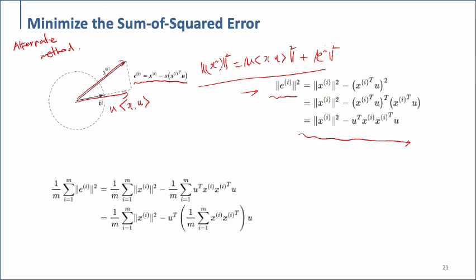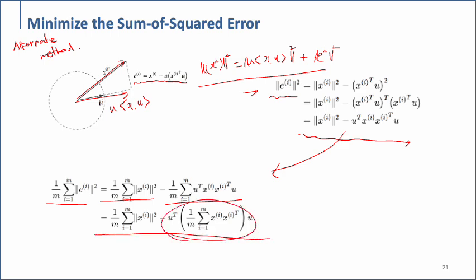And by calculating the mean of this error over all the m data, this can be written like this. And when you rewrite this, the final equation's second term is nothing but the S that indicates the covariance matrix.